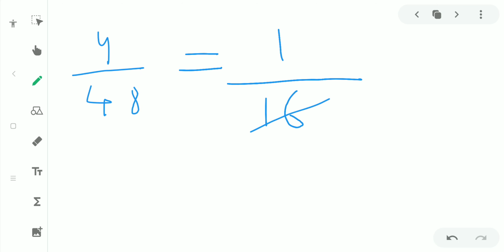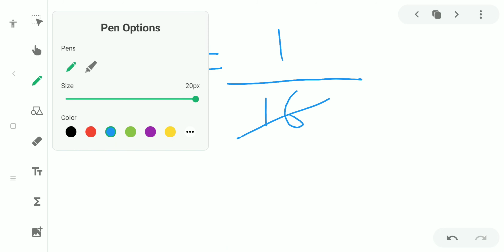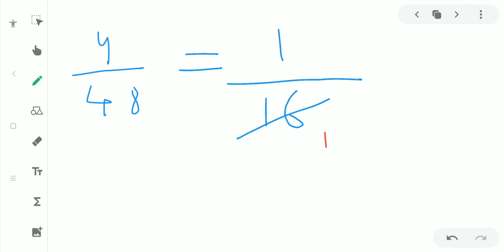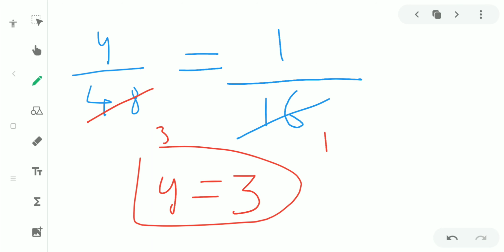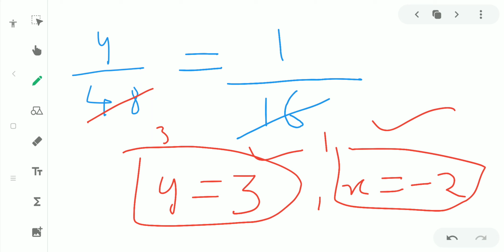So 16 threes are 48. So our y is equal to 3 and our x is equal to minus 2. So we got both parts of the question.